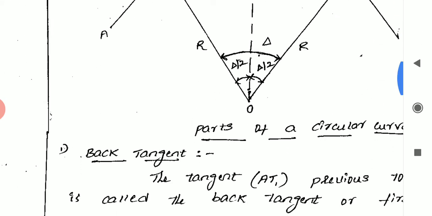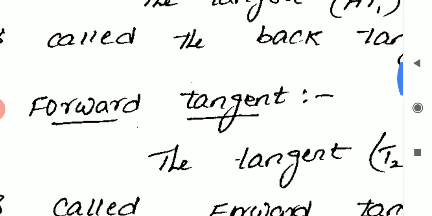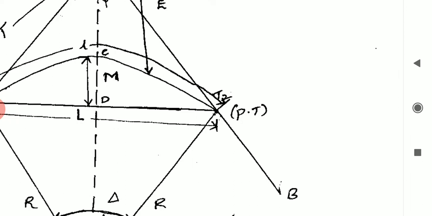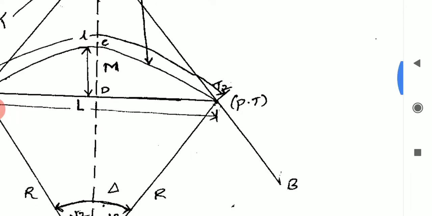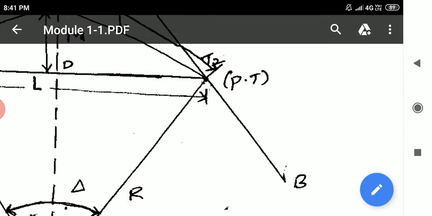Next definition is the forward tangent. T2 to B is the forward tangent. See here in the figure, T2 to B is the forward tangent.